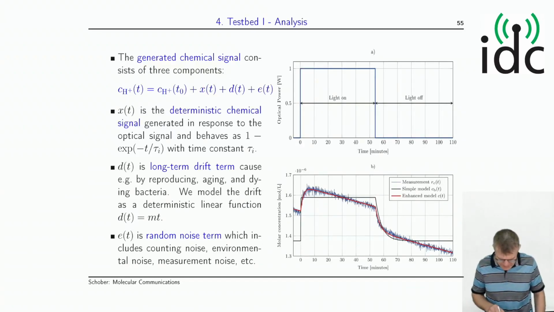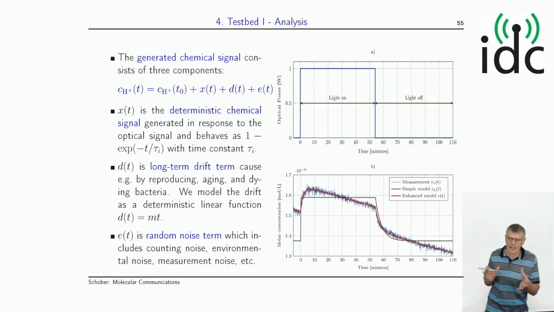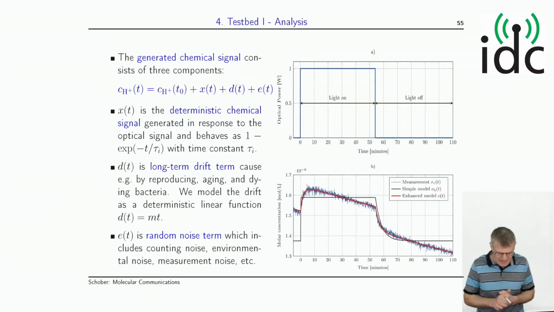However, you can see that the blue curve here, this is the measurement result, the fast moving blue curve, does not really fully agree with the black curve. So there are some additional effects that we could not take into account in our model. In particular, one term was this drift term, right? So we saw that in the long term, this proton concentration changes over time no matter what we do, right?